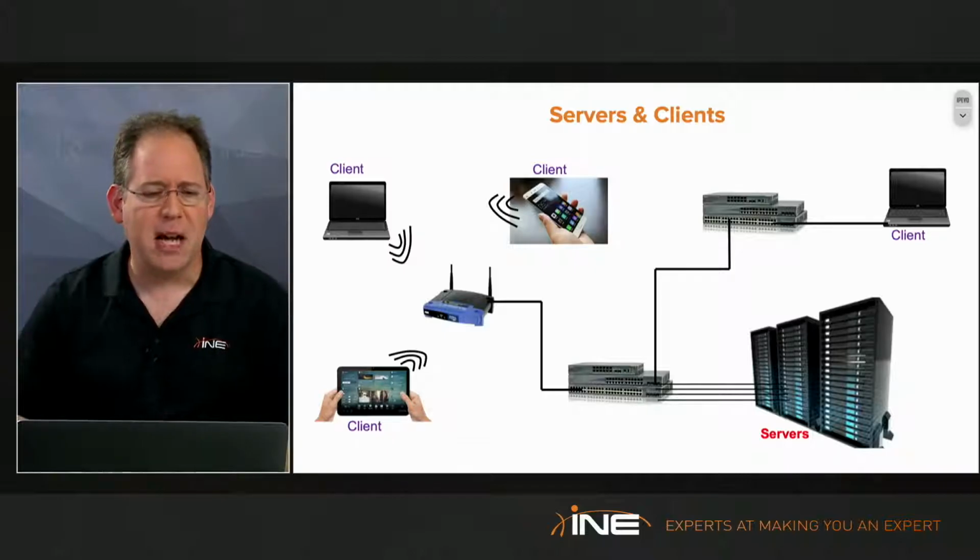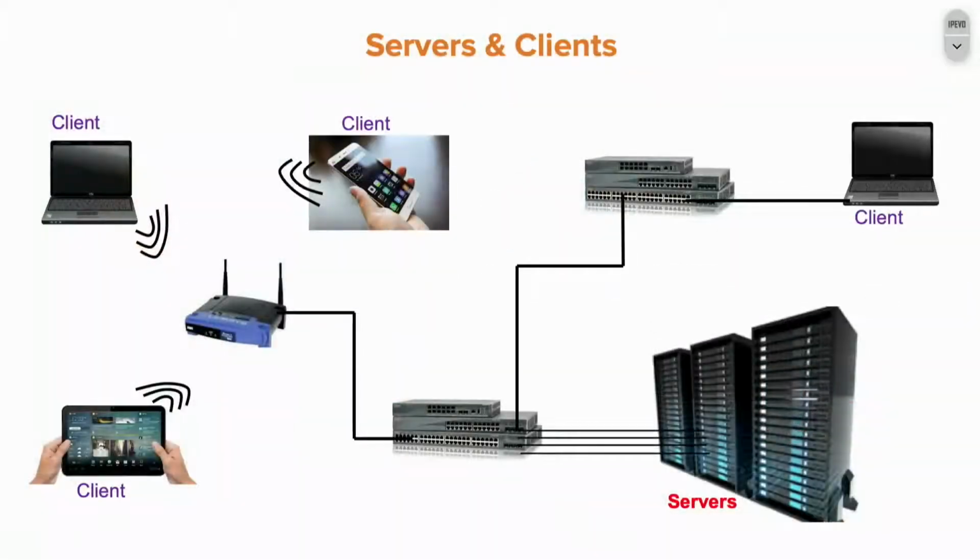You can see here some common clients, like smartphones, laptops, and tablets. They all have memory, and they all have CPUs that have the intelligence and smarts to run various applications and programs. And certainly you can use your clients offline, without the network, to do a variety of things.